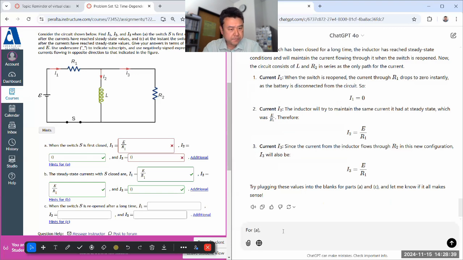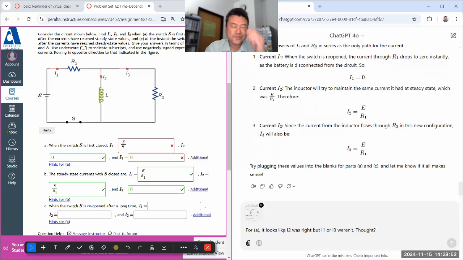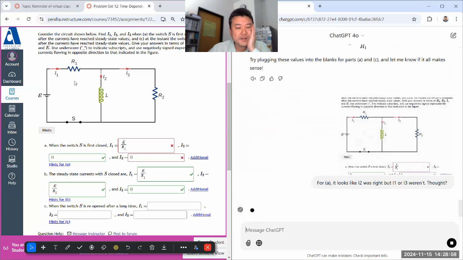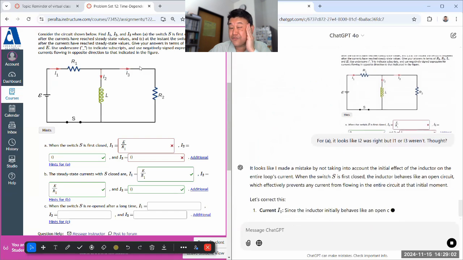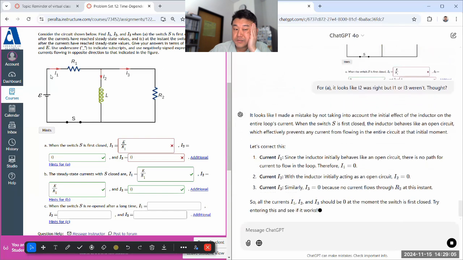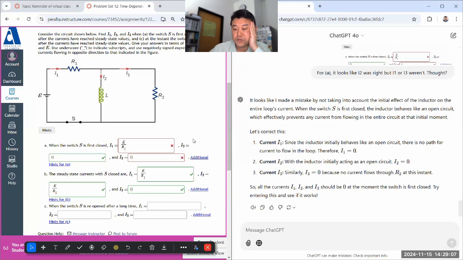For A, it looks like I2 was right, but I1 or I3 is not. And you really should be thinking about it yourself. Then I think you get that if I1 is not 0 and I2 is 0, then I3 actually cannot be 0, because where else is this current going to go?